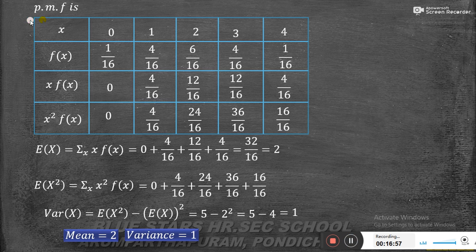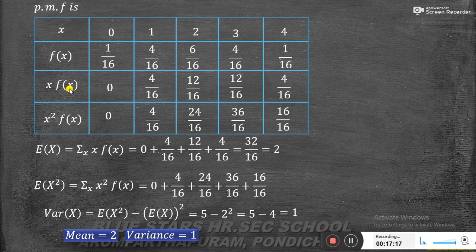Now I put the answers in the probability mass function. x takes all the values 0, 1, 2, 3, 4. F of x is 1 by 16, 4 by 16, 6 by 16, 4 by 16, 1 by 16.